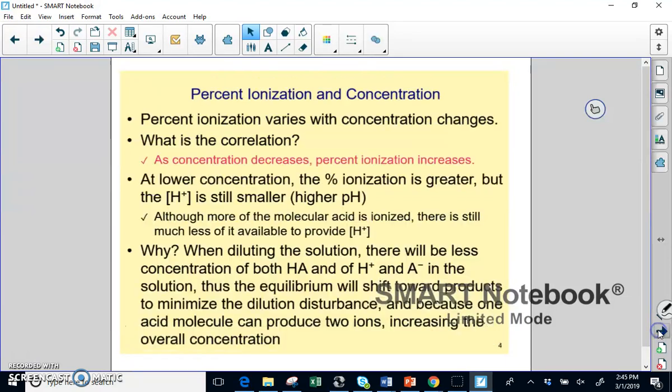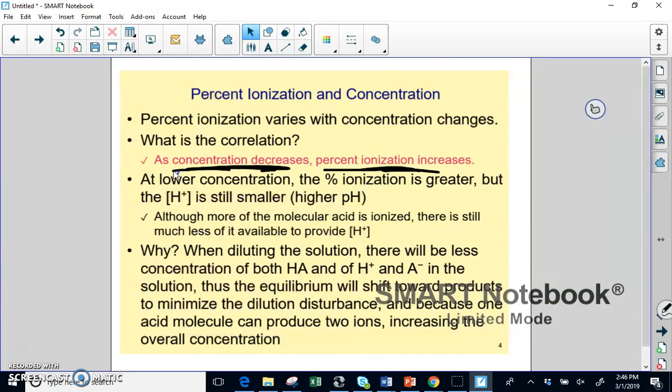It actually is a Le Chatelier's argument. We saw on the graph that an acid with a lower concentration has a higher percent ionization. The question is, why does that make sense? As you dilute an acid, why does the percent ionization go up? Well, this long paragraph here explains that.